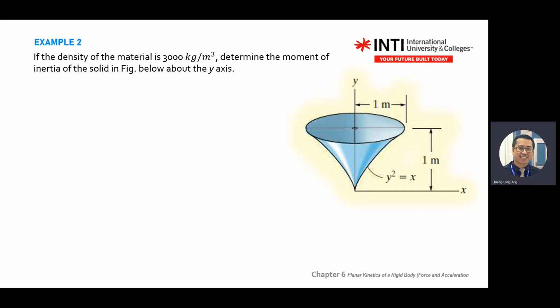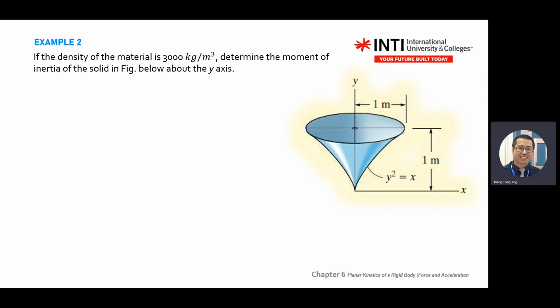What is your answer? 1 times 1 squared. This is your R, okay. Multiply by 1. You try to check your answer. Pi R squared, what do you get? Multiply by 1, what do you get? What shape do you get? How to get that one?